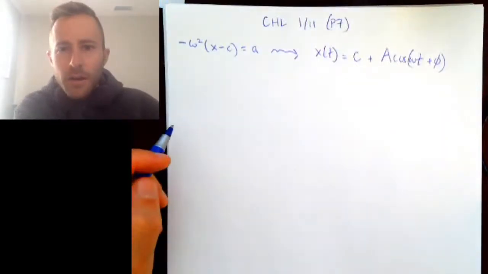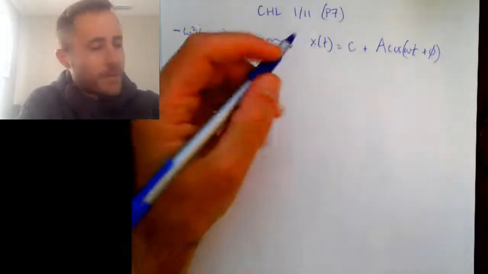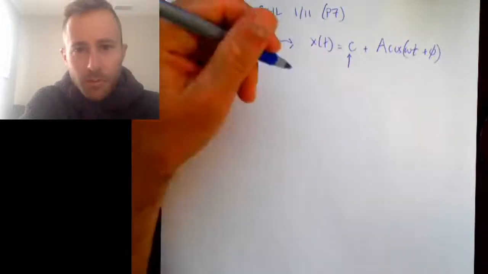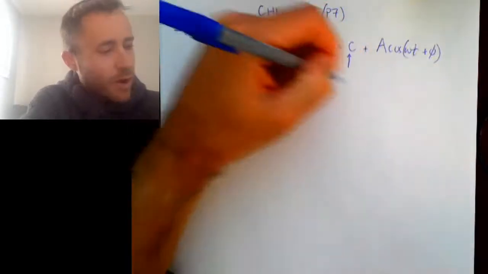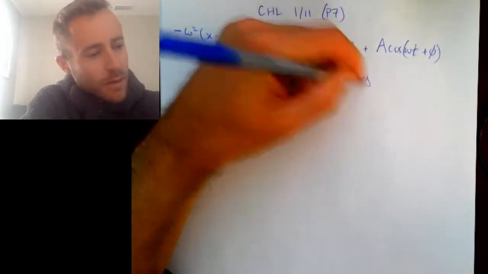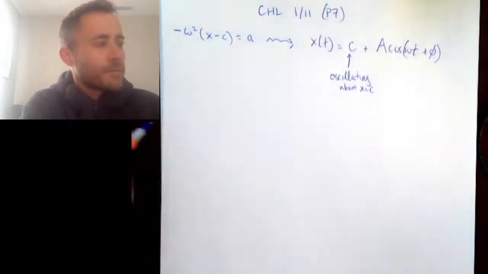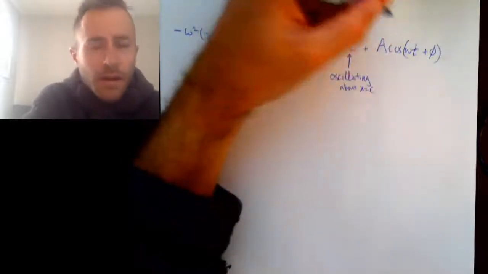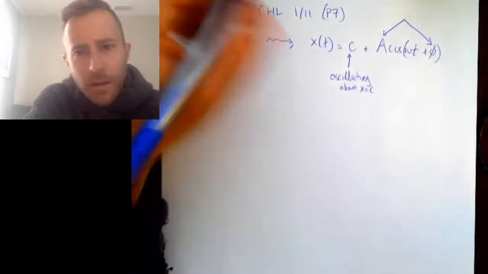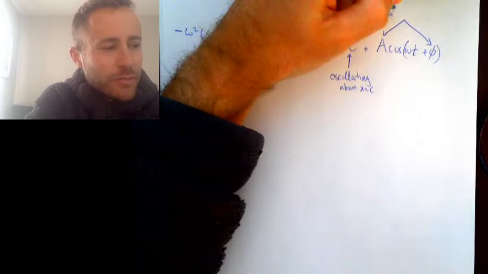Now, what do each of these constants mean? C is the point about which the particle that's moving is oscillating, x equals c. A and phi are what are called initial conditions.